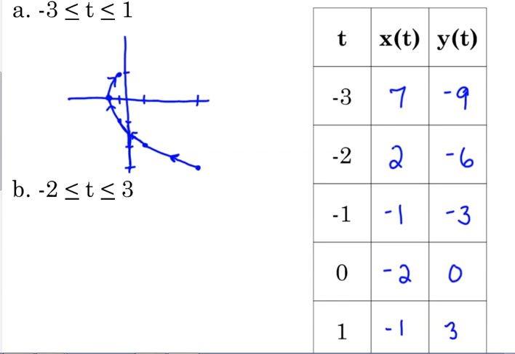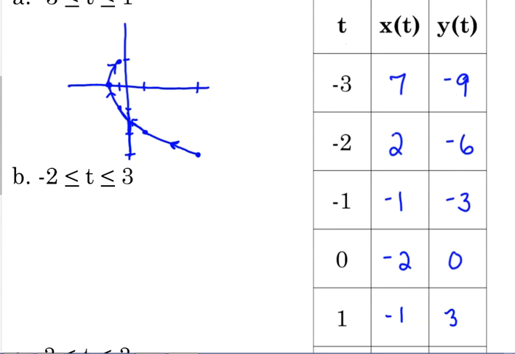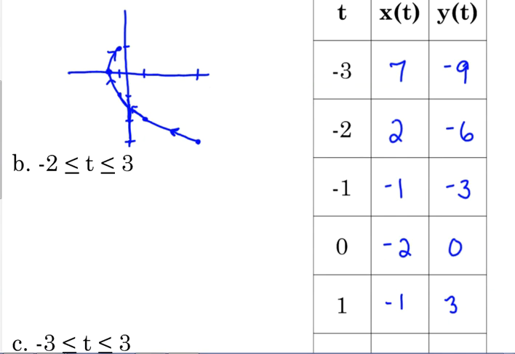So we started at 7, -9 and we moved towards -1, +3. A lot of times you will see those arrows on the curve, particularly if the instructions are to graph it by hand. If you graph it on your calculator or on Desmos, it's not going to show you those, but it is an added detail when you do it by hand.